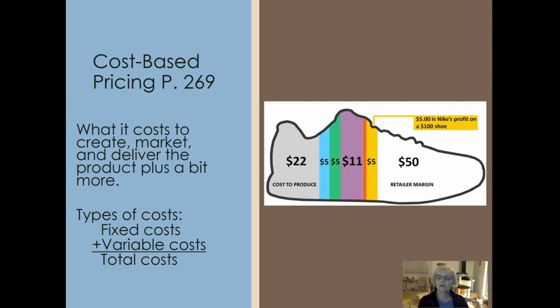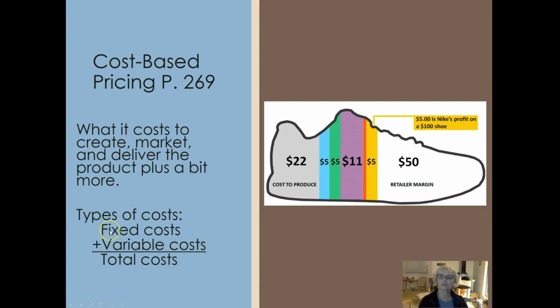On the sneaker, there is lots and lots of cost to produce, then there is the cost to market, there is a cost to actually transport it to the retailer, etc., etc. And there are two types of costs that are involved here.